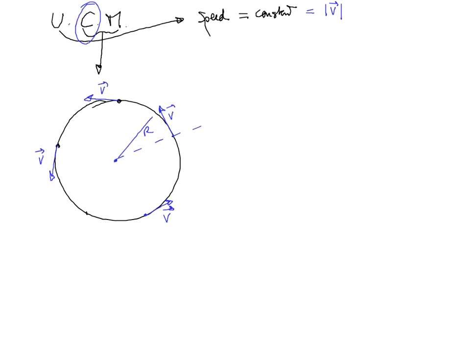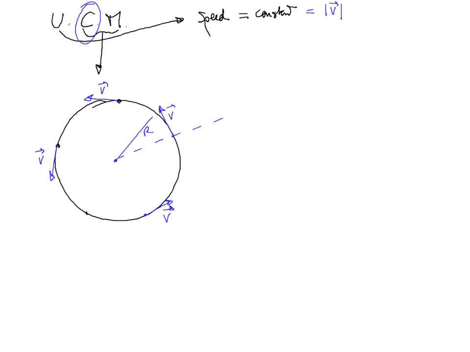Which means we have 2 cases. It has to be along this line. This is the one that will change the direction of the velocity without changing the magnitude. And so therefore we have 2 options. Either it's out or it's in. We're going to deal with the centripetal acceleration, strictly centripetal, and stay away from the centrifugal.